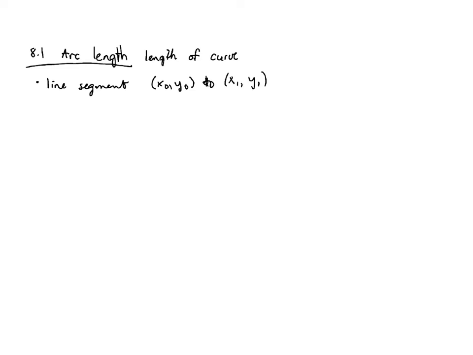The length of that line segment is given by the distance formula, so that's the square root of the difference of the x values squared plus the difference of the y values squared. This is essentially a consequence of the Pythagorean theorem.